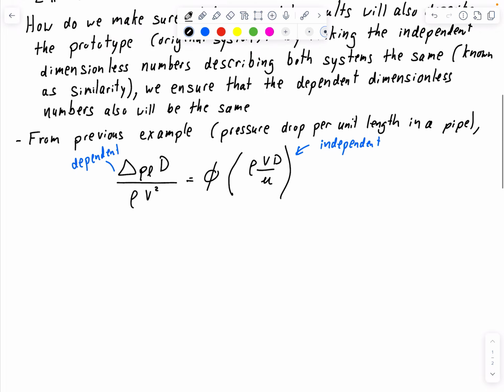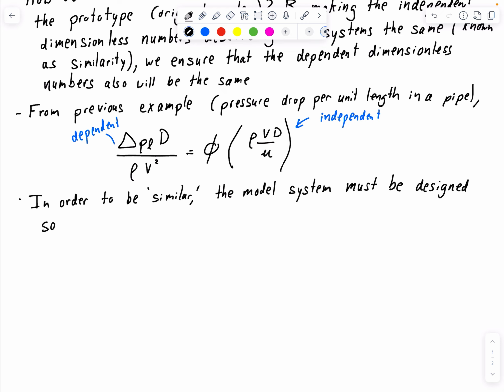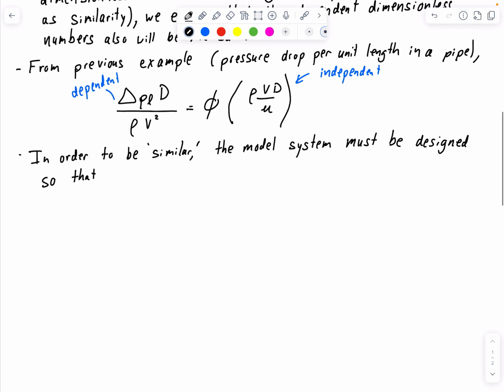So in order for these to be similar, and this is using this technical definition of similar, the model system must be designed so that the Reynolds number, this is rho VD over mu, of the model, so rho of the model times V of the model times D, diameter of the model, divided by mu of the model, is equal to rho VD over mu of the prototype.